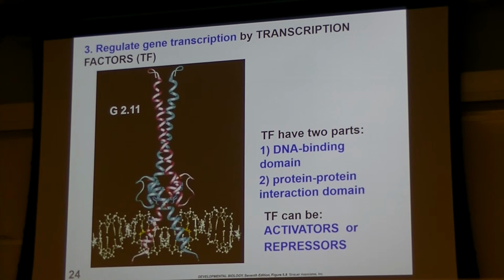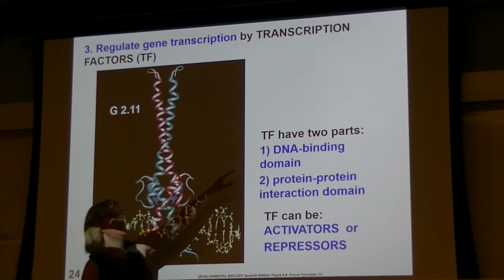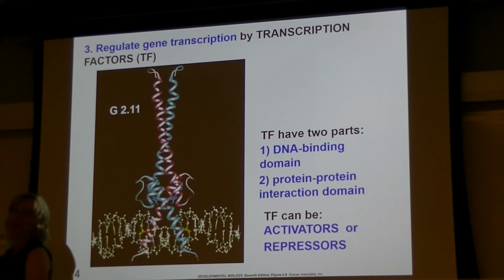Okay. We'll also hear a lot about transcription factors. These are really key proteins for developmental biology. And these are things that are going to bind to the DNA, typically at promoters or enhancers, and help decide whether or not that gene should be turned on or turned off. Their two basic parts are a DNA binding part, which totally makes sense. Of course, they have to bind to DNA.